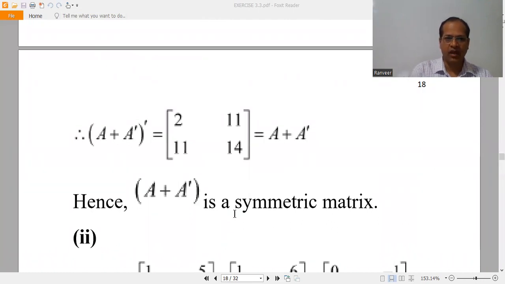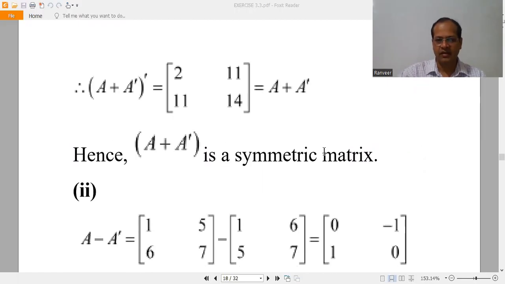That means whatever the value of A plus A transpose, we have to find its transpose. After doing the transpose, this is equal to A plus A transpose. This is called a symmetric matrix. The originality of the symmetric matrix will not change. Once we find the transpose, it is equal to the original value of the given matrix.